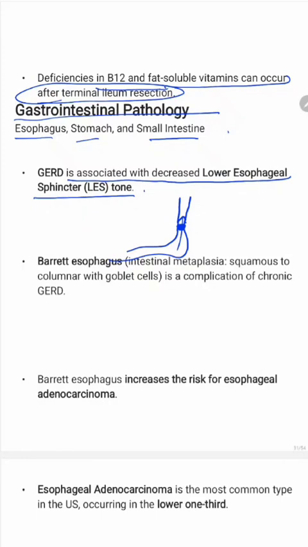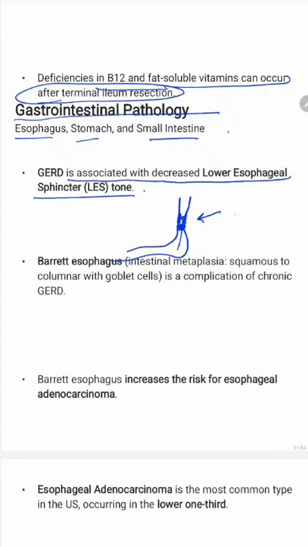the esophageal mucosa. As a result, the esophagus will change its epithelium. Normally its epithelium is stratified squamous epithelium.